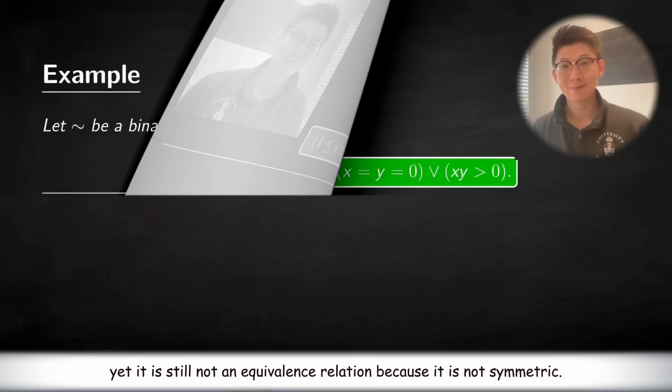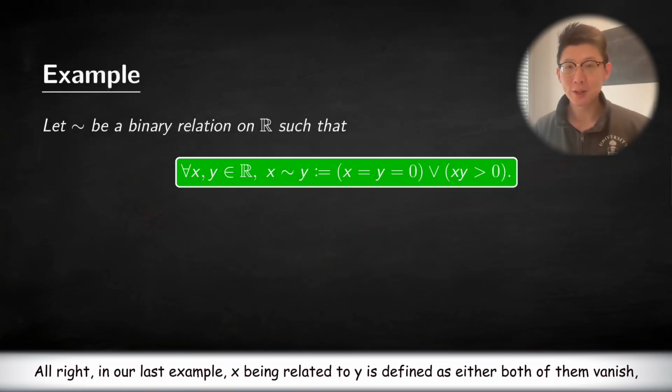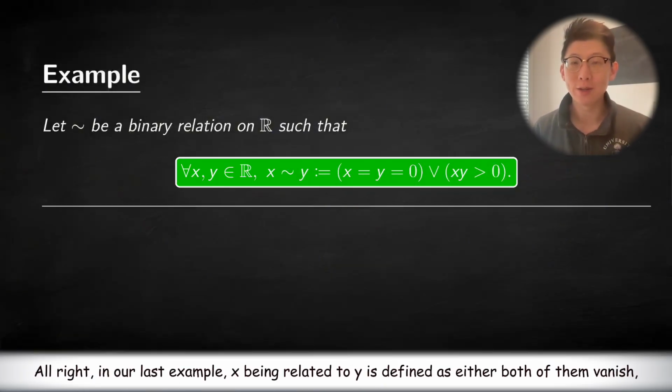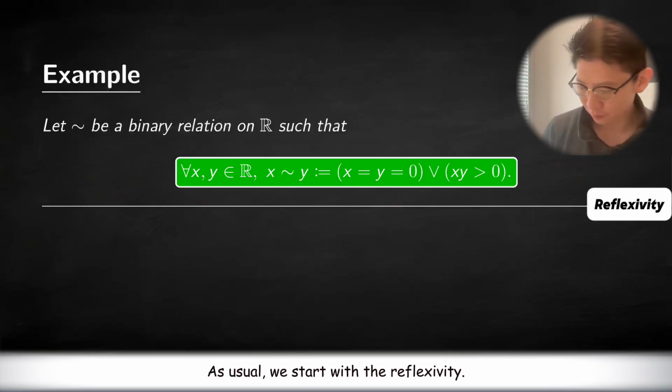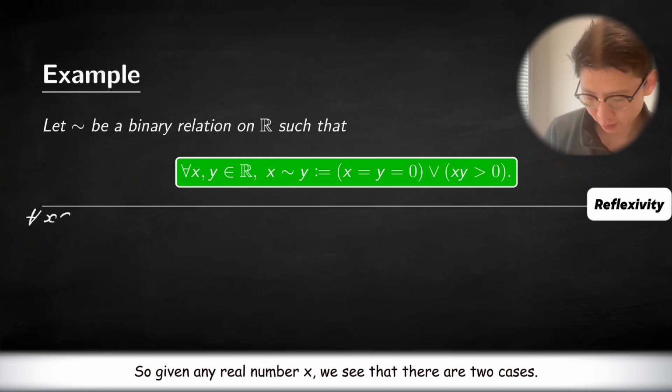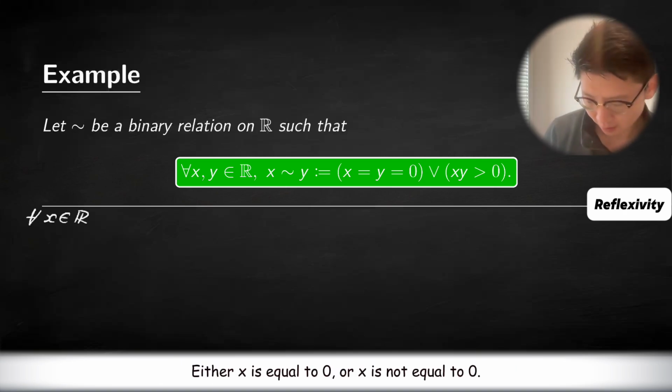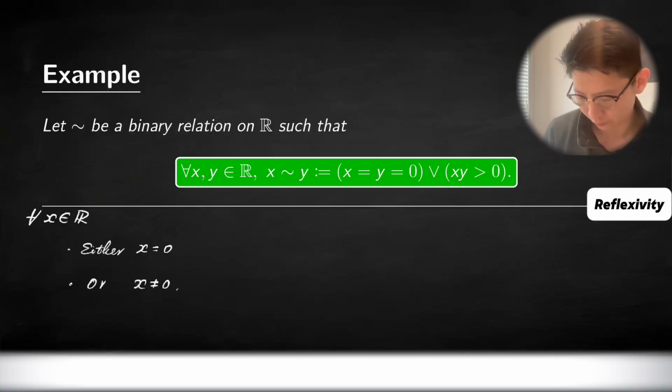Alright, in our last example, x being related to y is defined as either both of them vanish or their product is positive. As usual, we start with the reflexivity. Given any real number x, we see that there are two cases. Either x is equal to 0, or x is not equal to 0.